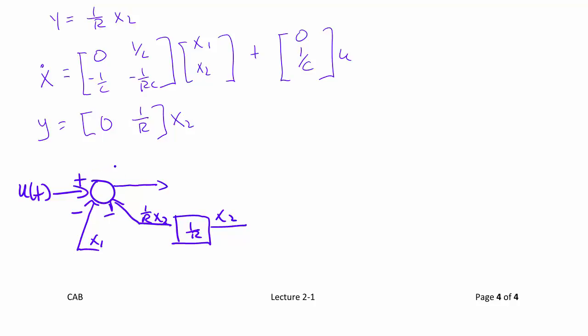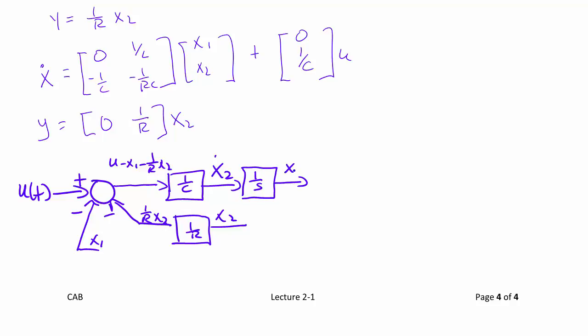So the output right here is u minus x1 minus 1 over R x2. And we multiply that by 1 over C, and the output is x2 dot. We integrate x2 dot, and the output is x2, which connects to here.